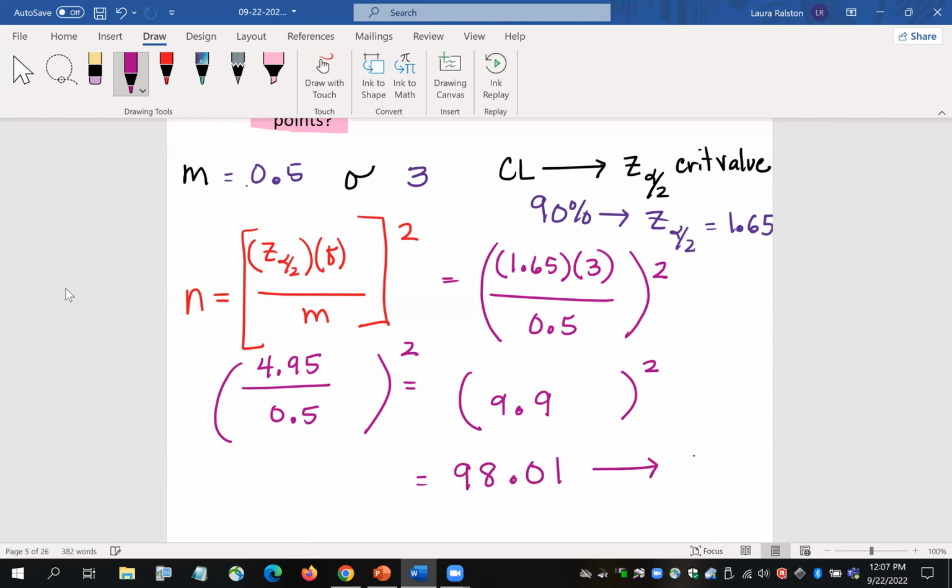We automatically round up regardless, so 99. So it would take a minimum of 99 student scores to be within a 0.5 margin of error in this scenario. Now, all of those calculations are done manually, but all of the numbers that you need are in the problem.